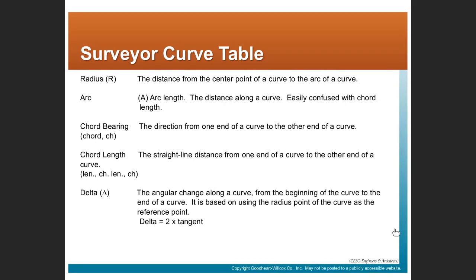But again, this is the way that a surveyor would describe a curved property line. The radius, arc length, chord bearing, chord length. I'll take these two things and stick them up on Blackboard as well, so you have this information.